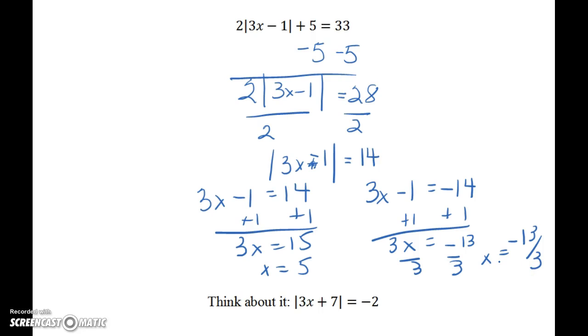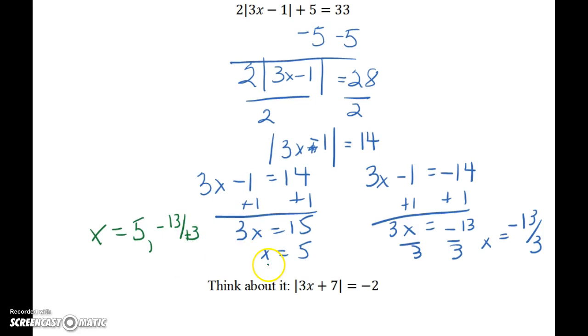So those are our solutions. Again, it could be either or. If you write the solution in combined form, you would write it as x equals 5 and negative 13/3.